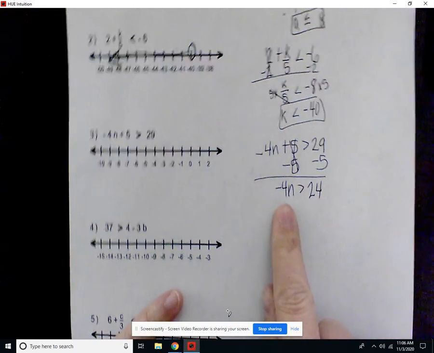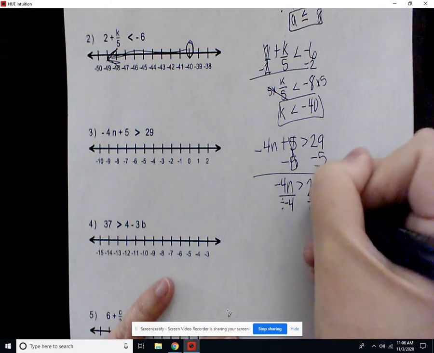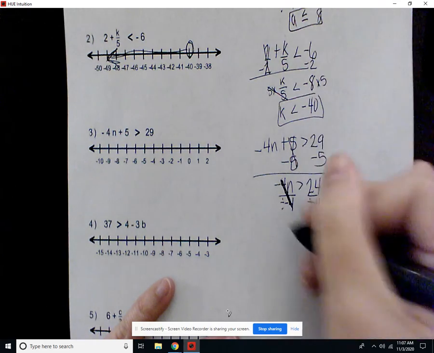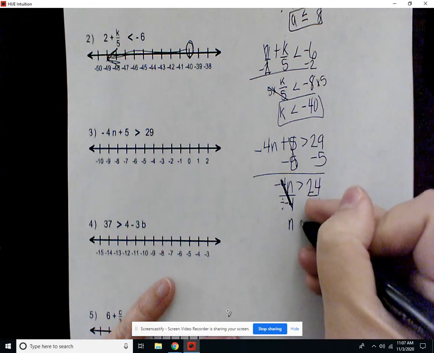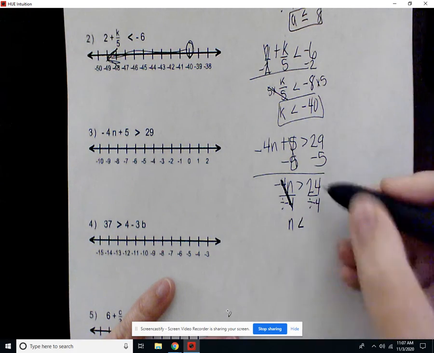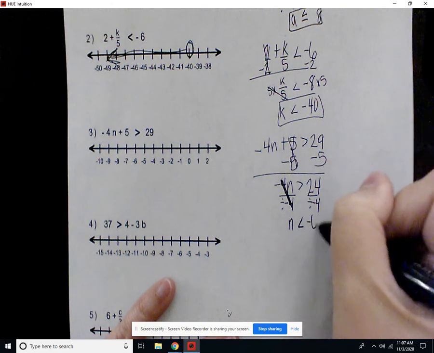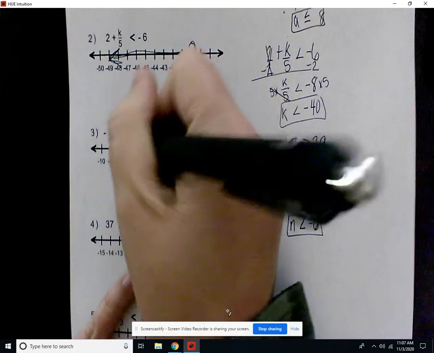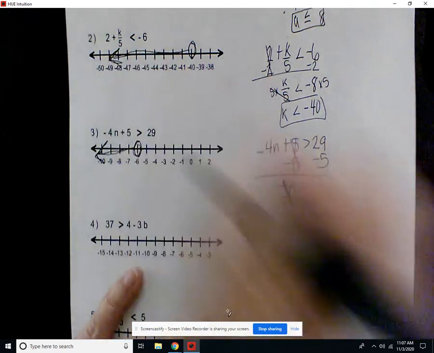Negative 4n is multiplication, so the opposite is division. And 4's will cancel, then we're left with n. Since our letter was negative, our sign's going to flip direction. And then 24 divided by negative 4 is negative 6. So since there's not a line on the bottom, it's going to be an open circle. And we're going to the left.